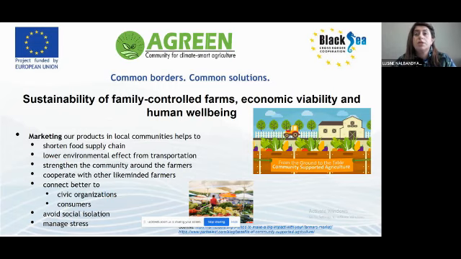For instance, here the one village, one product approach can serve as a good example, or locally grown products, or regional products, or products with geographical indicators. This also helps to build the community and to support the well-being of farms.